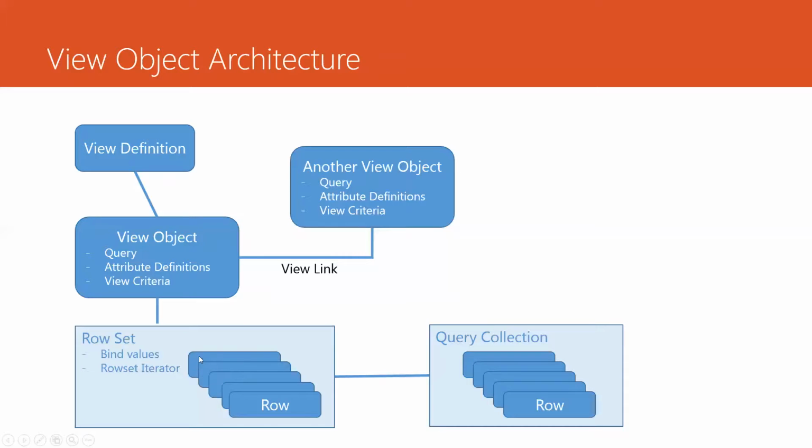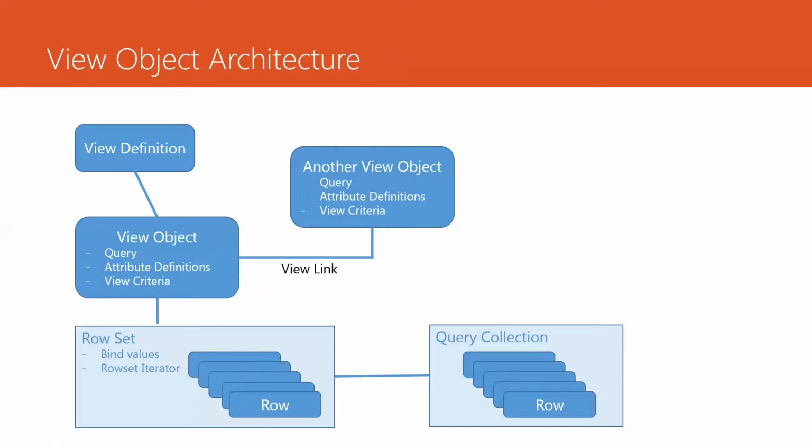In reality, these rows are only handles for us, handles to the rows, but the actual data gets stored in another object called a query collection. The query collection stores the actual physical data, and we access it through the row sets. This distinction is for performance reasons, because one view object instance can have multiple row sets.